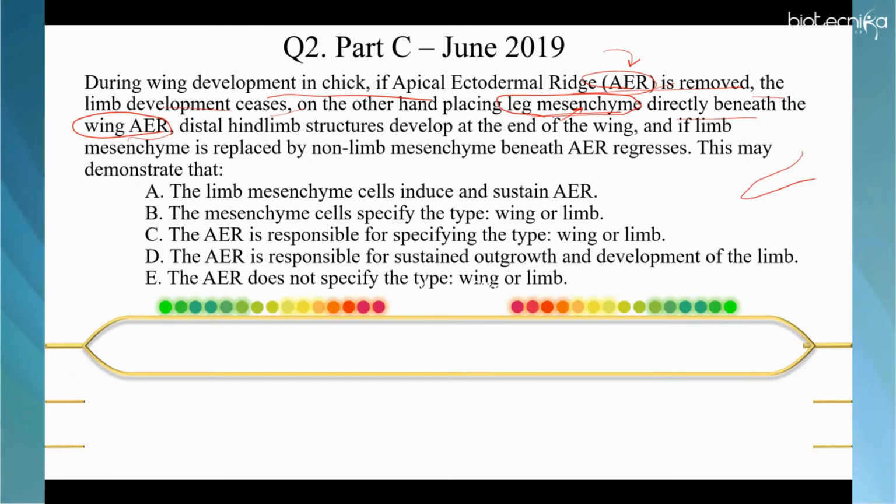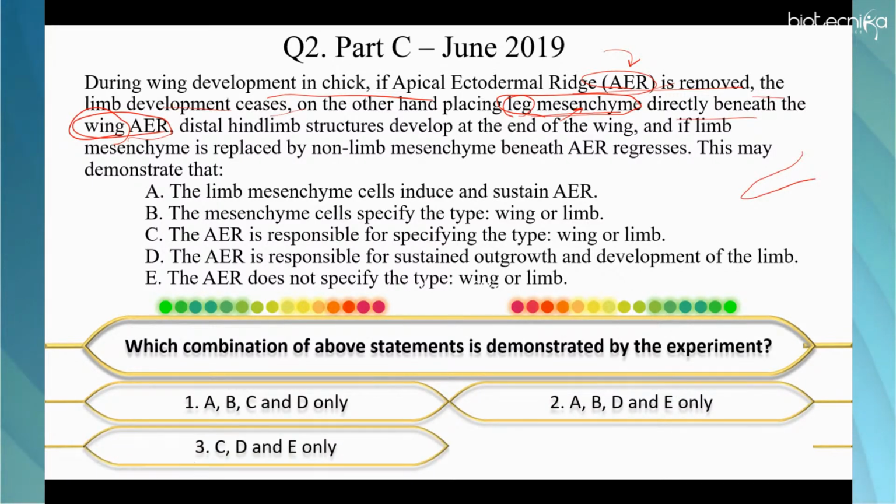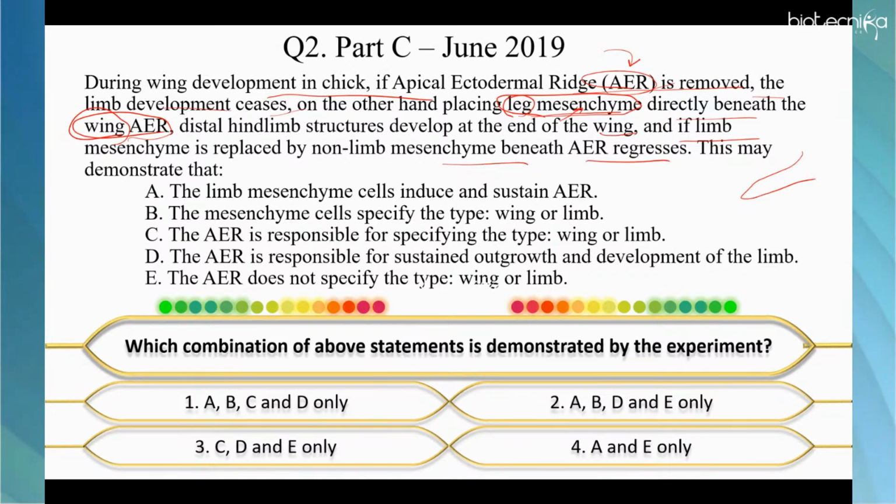Okay. So if you're trying to place the leg mesenchyme under the wing AER, in that case, distal hind limb structures will develop at the end of the wing. And if limb mesenchyme is replaced by non-limb mesenchyme beneath AER, then it will regress. The limb will stop progressing any further. So this may demonstrate these few options.